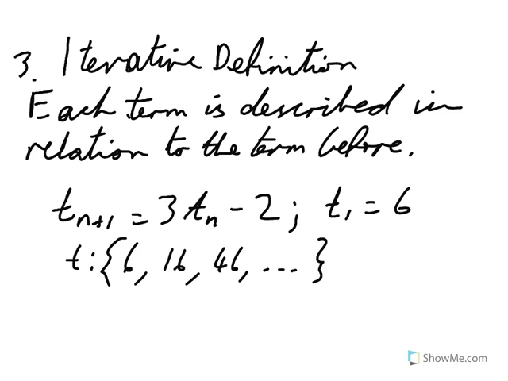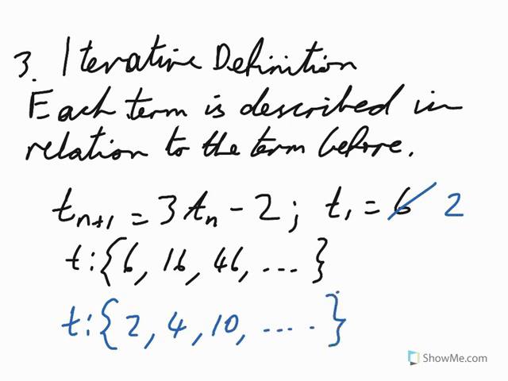However, if we started with a different starting number, say the number 2, then we would get a different sequence here, because 2 would be the first one, 3 2s are 6, take 2 is 4, 3 4s are 12, take 2 is 10, and so on. So this iterative definition can actually give us different sequences. So that's why we need to know what the starting point is.